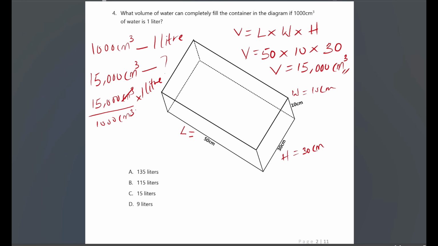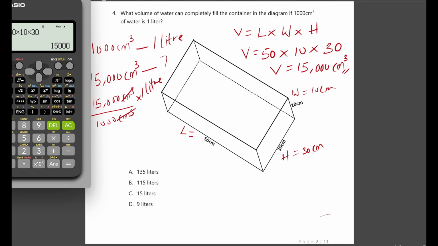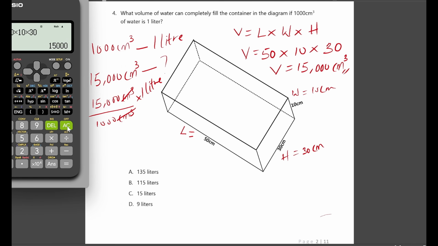So the centimeters cube can cancel out. We have 15,000 divided by 1,000.